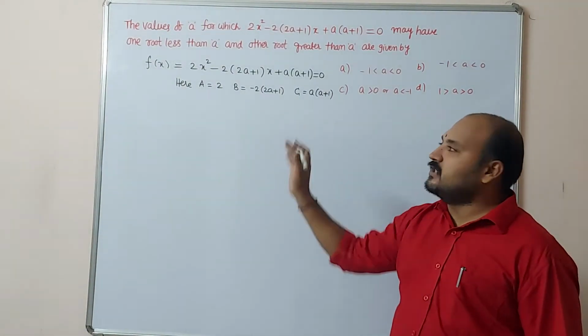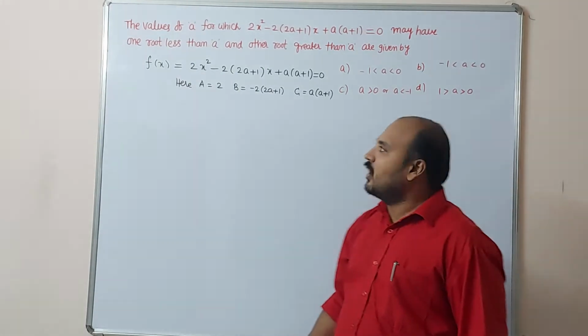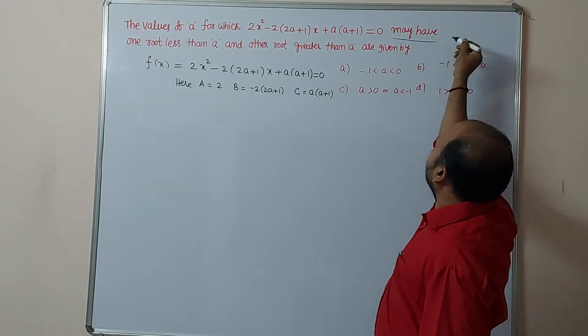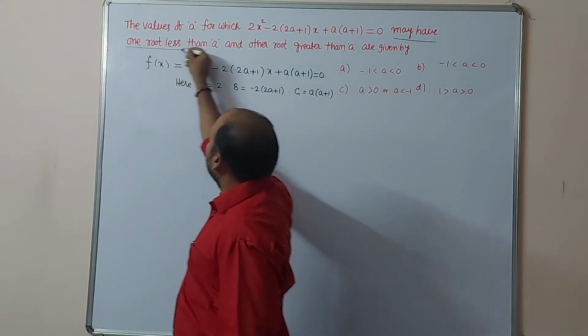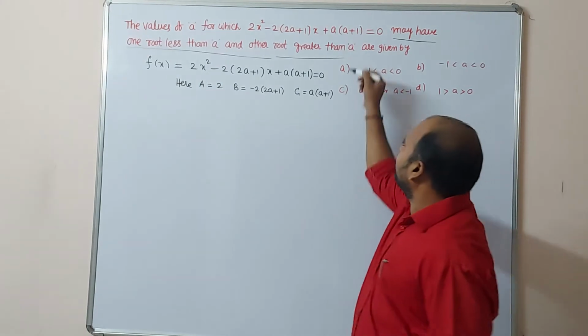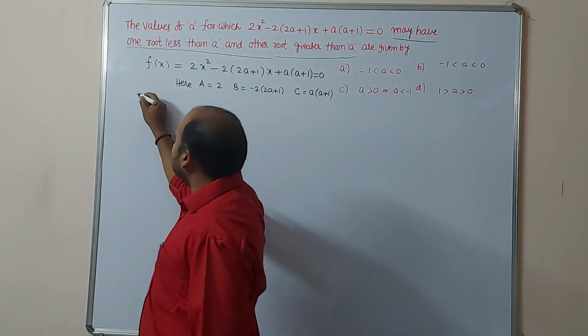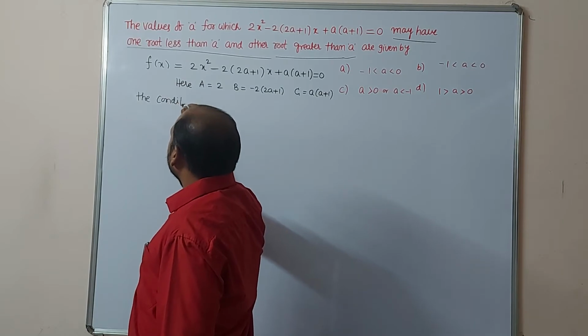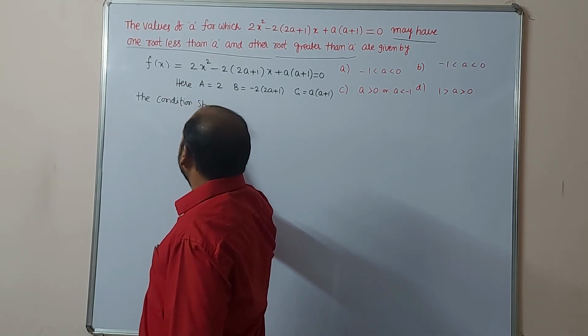See, after getting these values, this condition shows that one root is less than a, other root is greater than a.